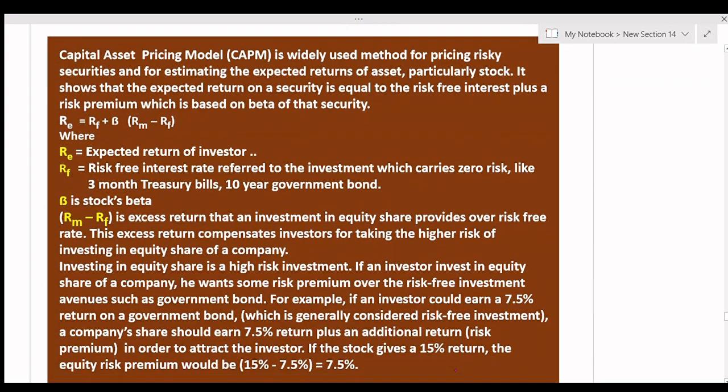Now come capital asset pricing model. CAPM, capital asset pricing model, is a widely used method for pricing risky securities and for estimating the expected returns of an asset, particularly stock.